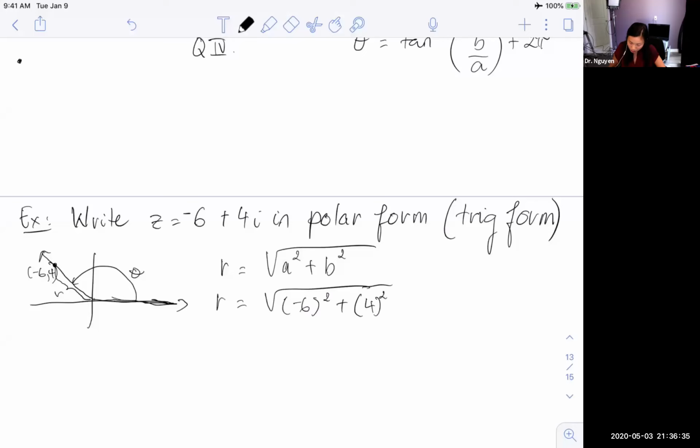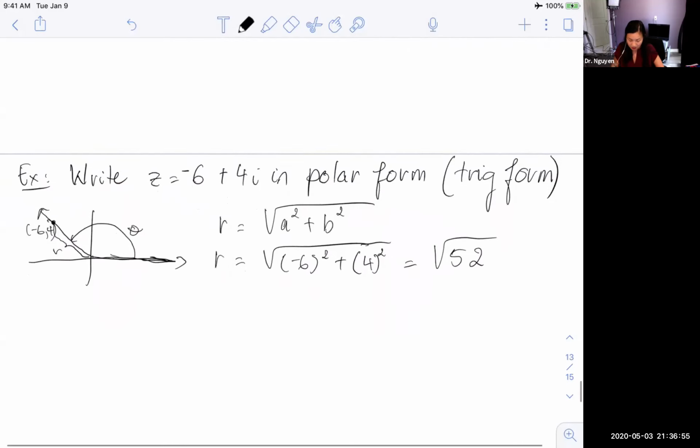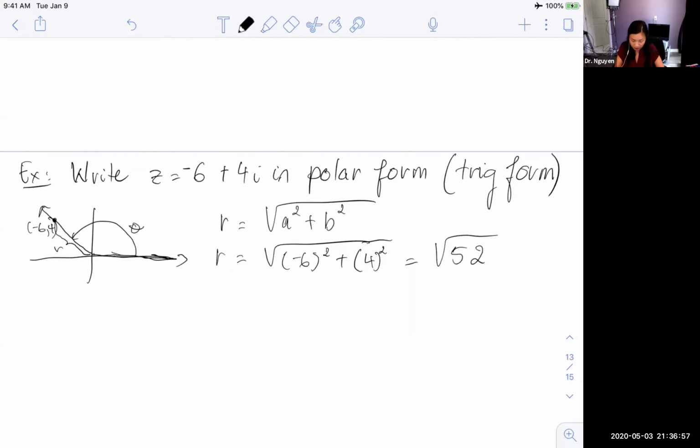That's going to give me 36 plus 16, which gives me 52. That's for r. If you want, you can use a calculator to calculate the square root of 52, but for now, I'm just going to leave it like that. I can use a calculator later on. Anyway, let's figure out theta.